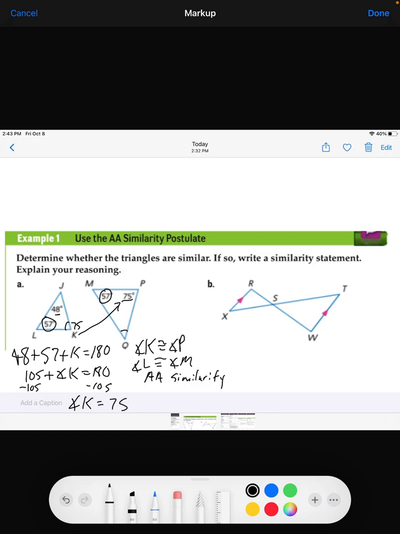we can say, and we have to write it in the right order, so Q is going to be 48 since they're similar. So we don't have to actually solve for that one because we know it's going to be 48. Let's start with the smallest side.